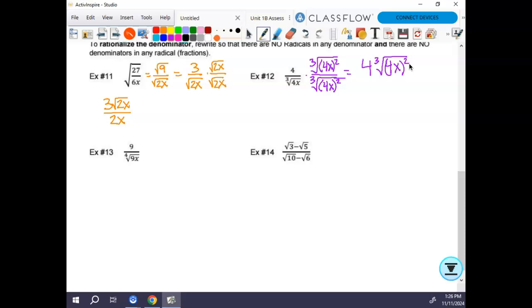In the denominator, I get the cube root of 4x cubed because I'm multiplying what's inside. So since what's inside is cubed and I want to take the cube root, that's what's going to make the root go away. You with me on that? And if I had just done the cube root of 4x, I wouldn't be able to make it go away.